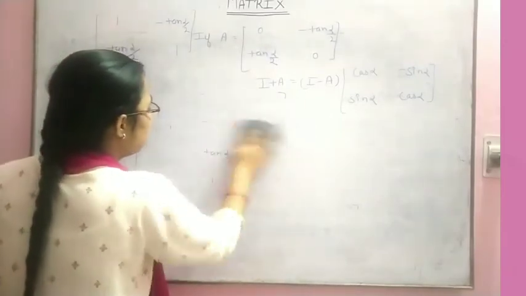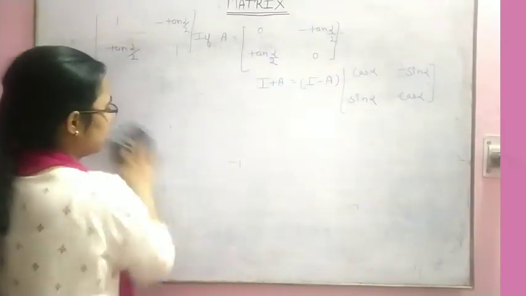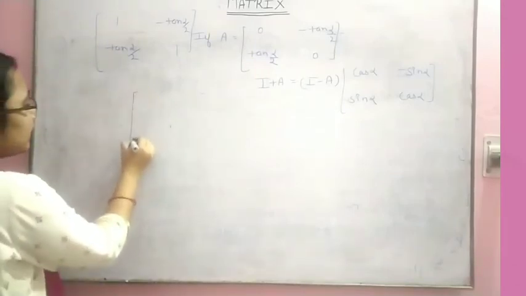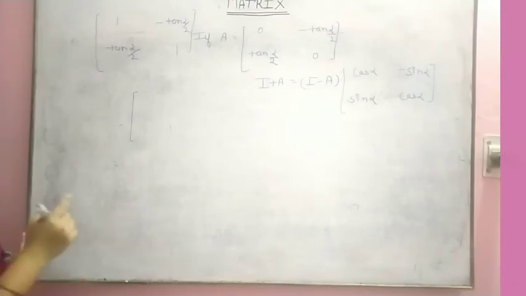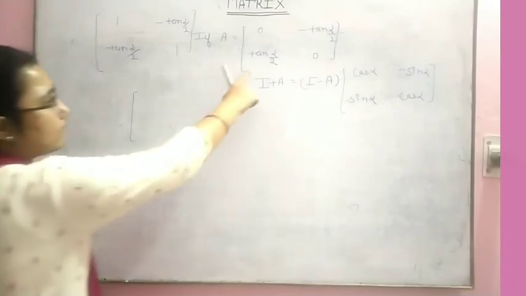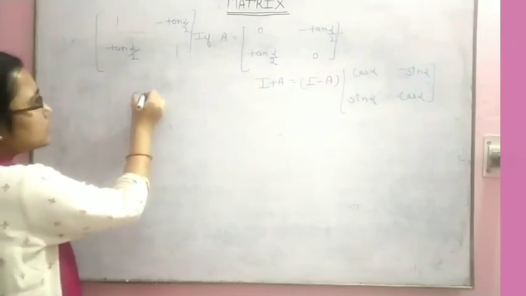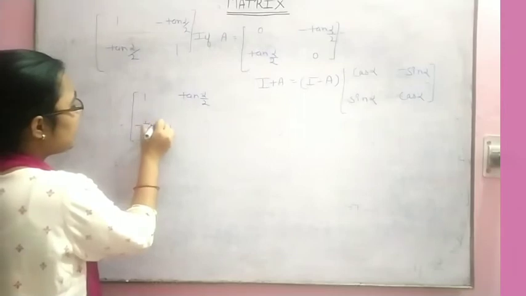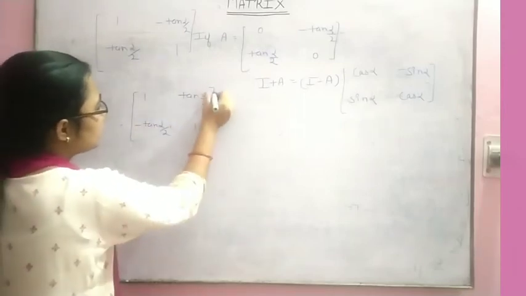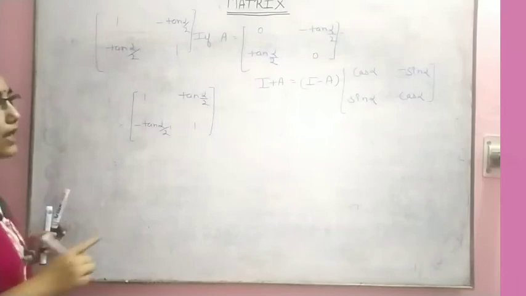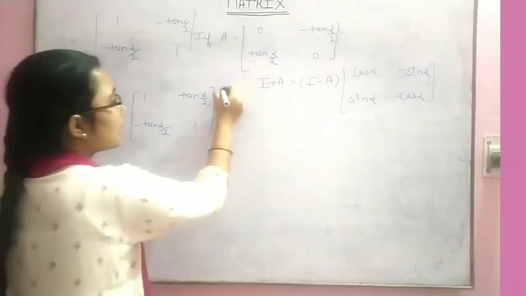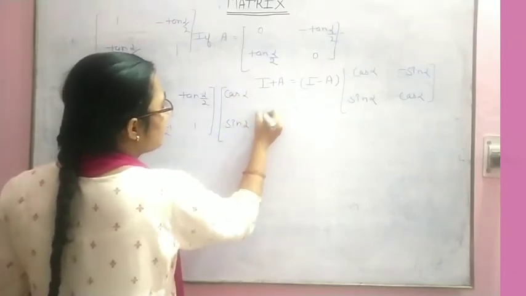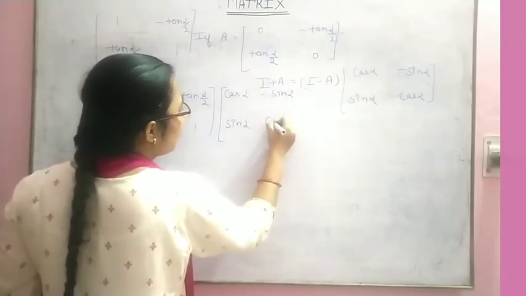I minus A: I is [1 0; 0 1] and A is given as [0, tan alpha/2; -tan alpha/2, 0]. If you subtract, we get 1, negative tan alpha by 2, positive tan alpha by 2, and 1. And this is multiplied by the matrix already given to you, cos alpha, sin alpha, minus sin alpha and cos alpha.